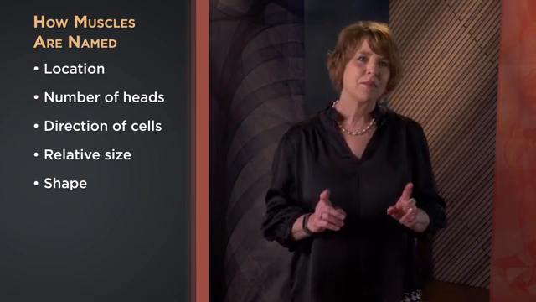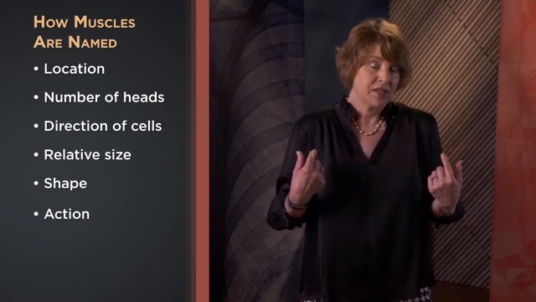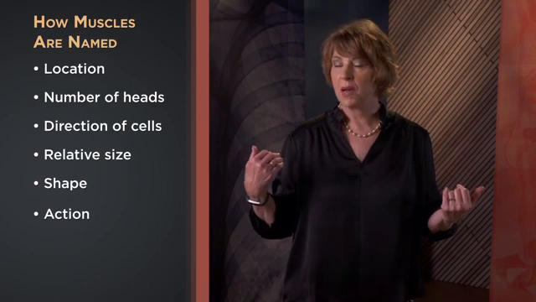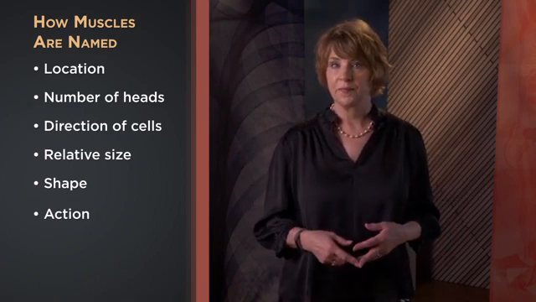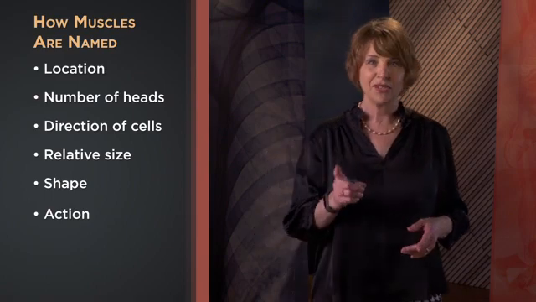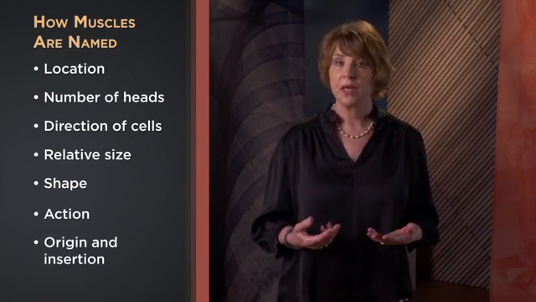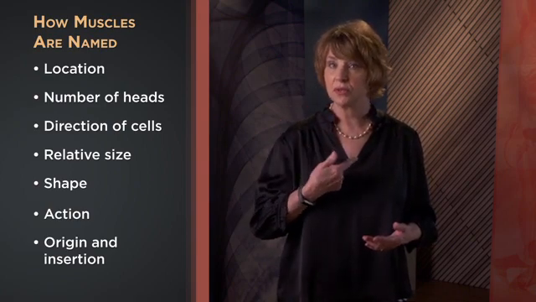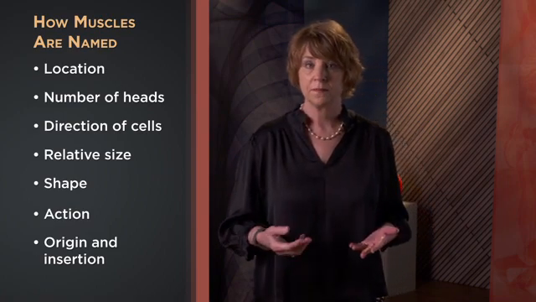But I have to say, among my favorite are muscles named for their action, like the levator scapulae, which elevates the scapula, or the erector spinae, a group of postural muscles that keep the spine extended. My students and I also have a soft spot for muscles named for their origin and insertion, like the sternocleidomastoid, named for its attachments to the sternum, clavicle, and mastoid process behind the ear.